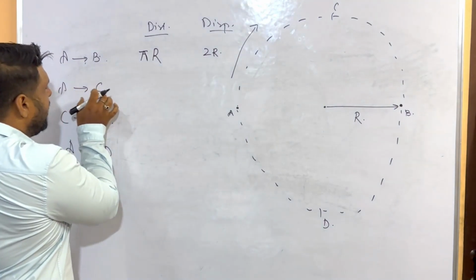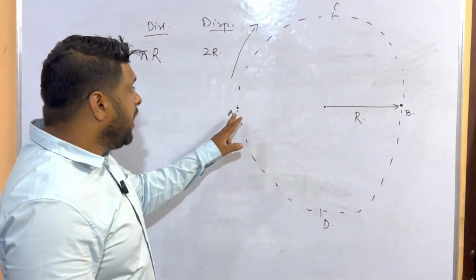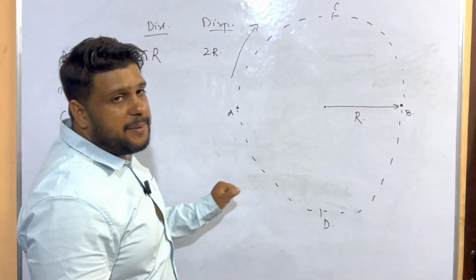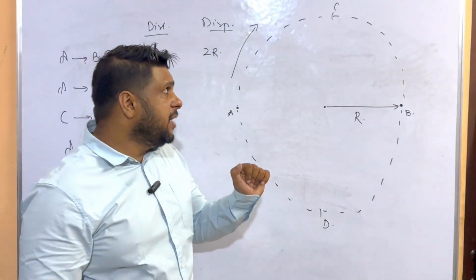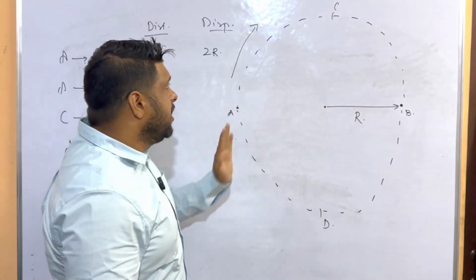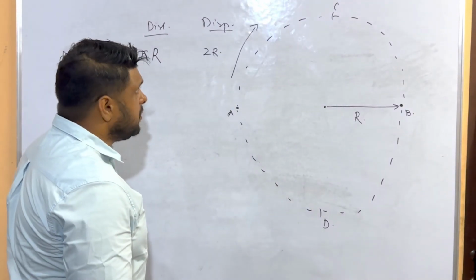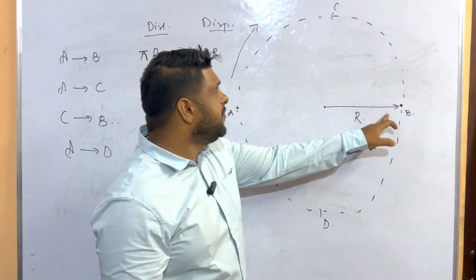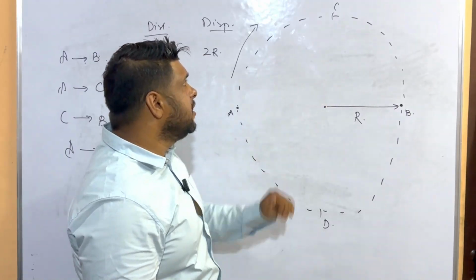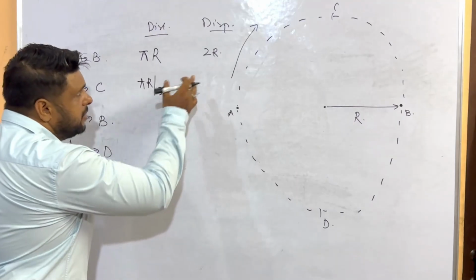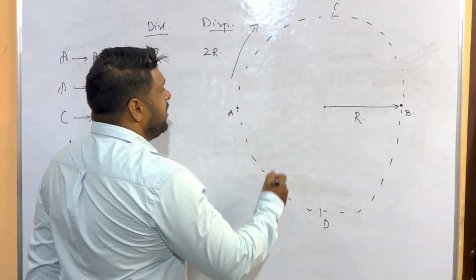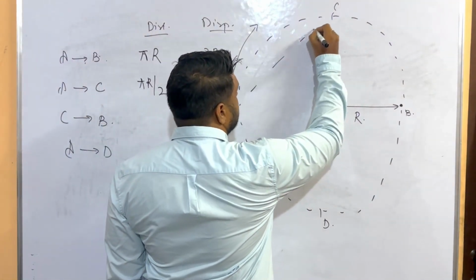Now let's come to A to C. Here the distance traveled is 1/4 of the circle. If this is pi r, this distance is half of that, so it is going to be pi r by 2. Now the displacement is going to be like this.